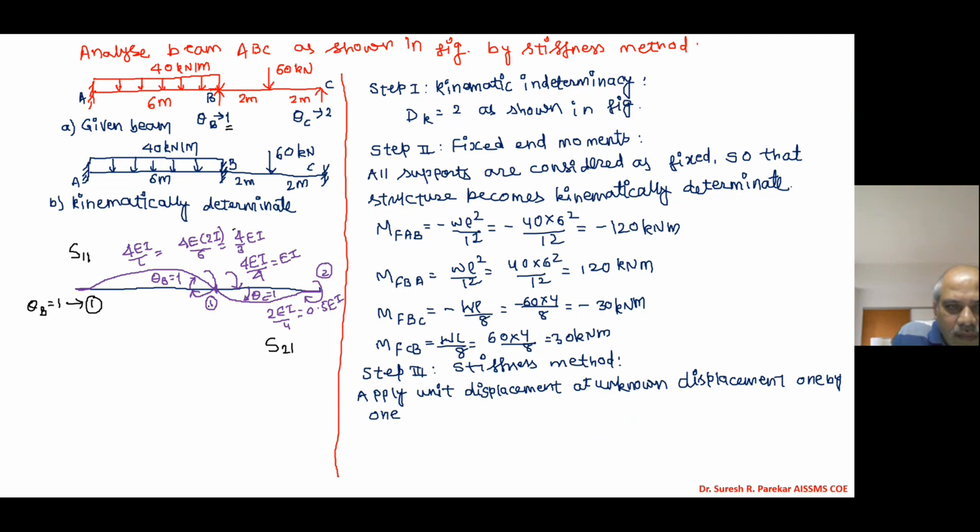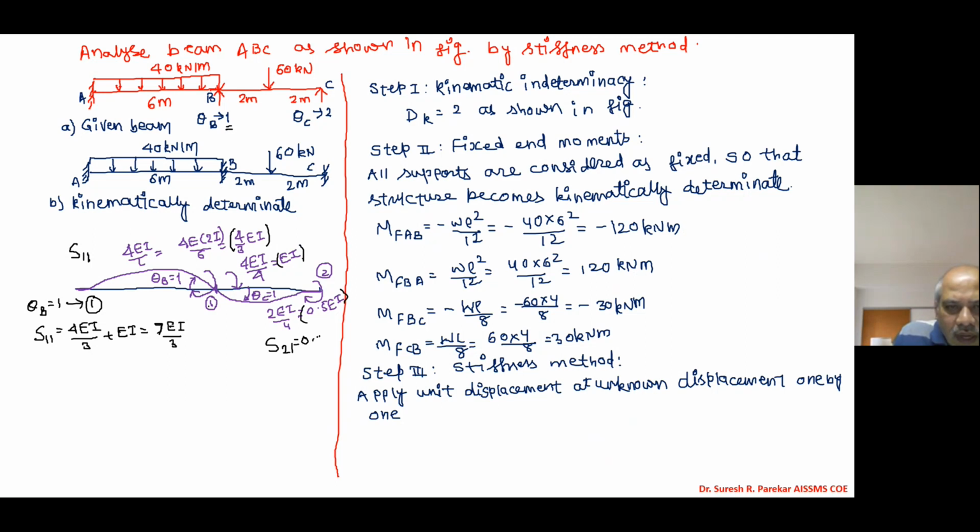This value is applied at B. So S11 equals 4EI upon 3 plus EI, and that is 7EI by 3. And S21 has only one value, 0.5 EI.